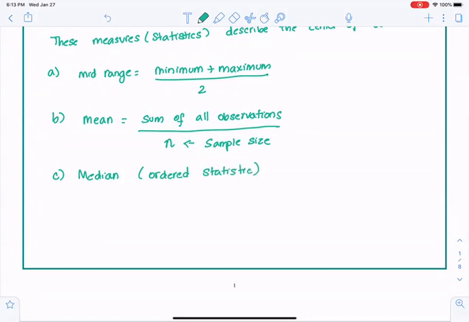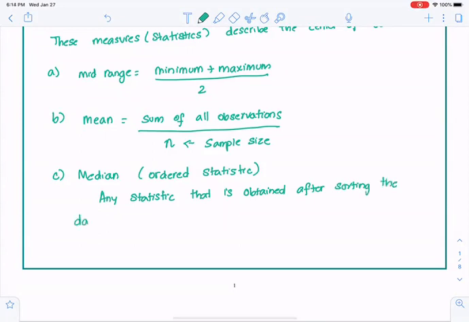An ordered statistic is any statistic that is obtained after sorting the data.